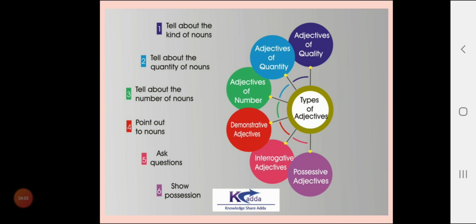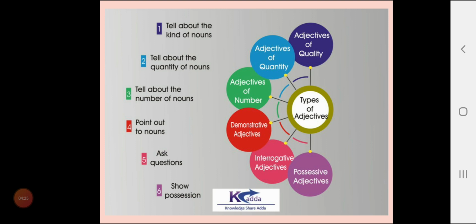Next, interrogative adjectives. Interrogative adjectives are always used to ask questions. In pronouns also we have done all these types, so you have to be very careful between the pronouns and types of adjectives. Okay, so listen carefully. Next, we have possessive adjectives.